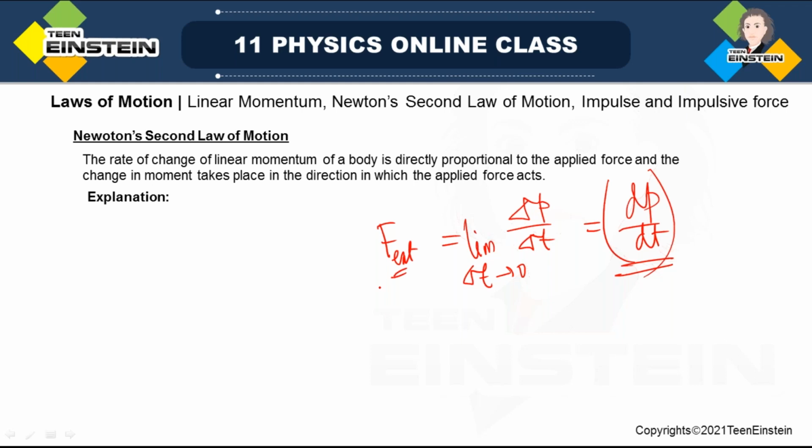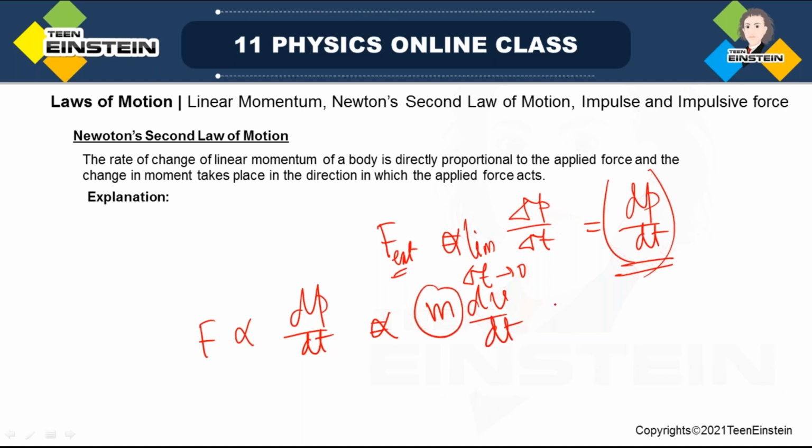Here this is actually with a proportionality constant, so F is proportional to dp by dt. p is again m v, so m dv by dt. So what is this m?